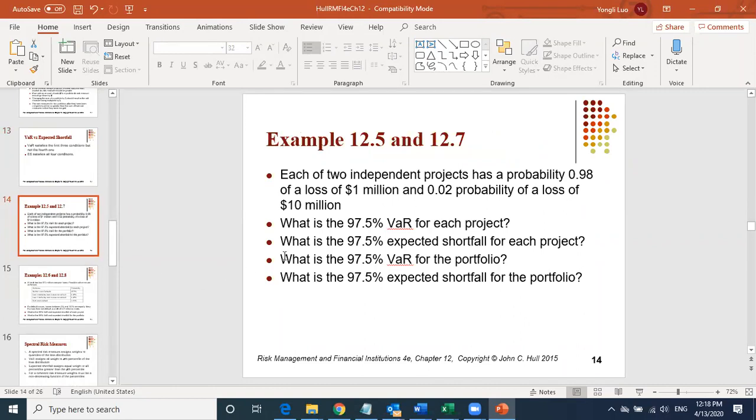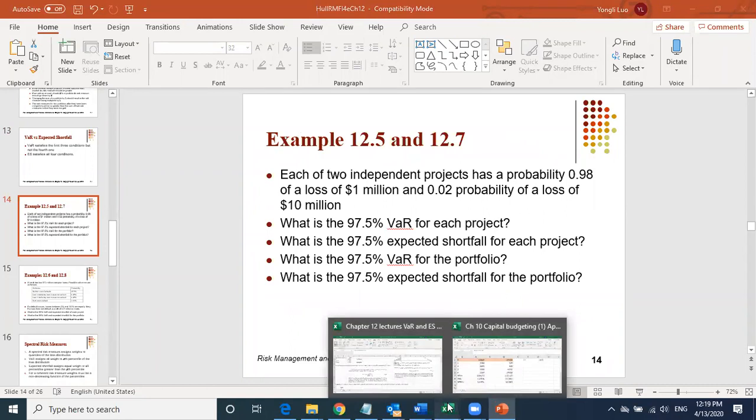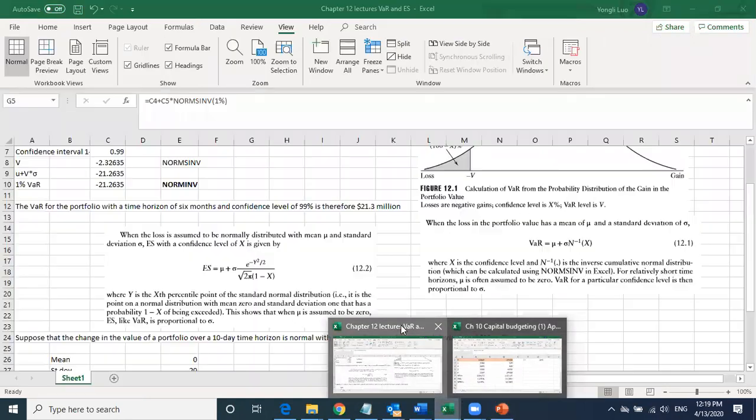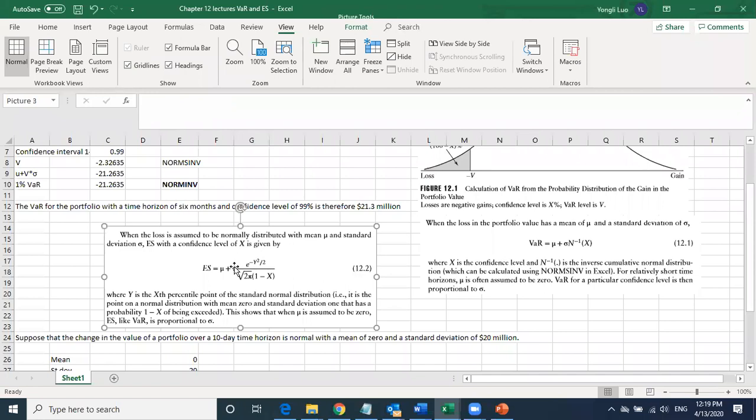This is the project that we're going to do later. I will show you the same question we did in this Excel spreadsheet. To calculate expected shortfall, this is the formula you need to use.